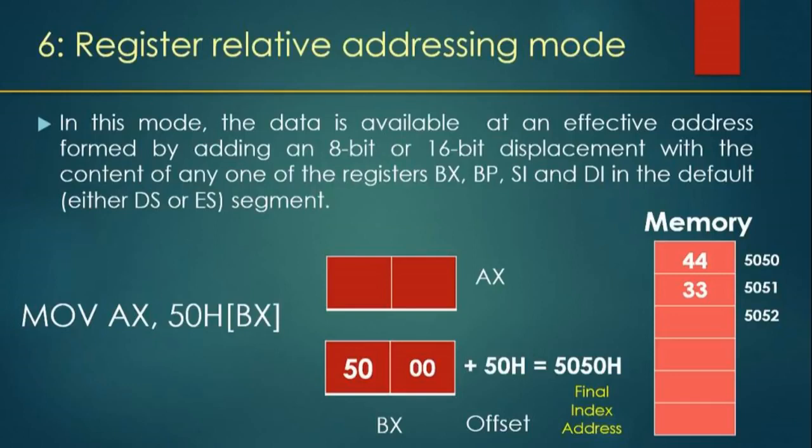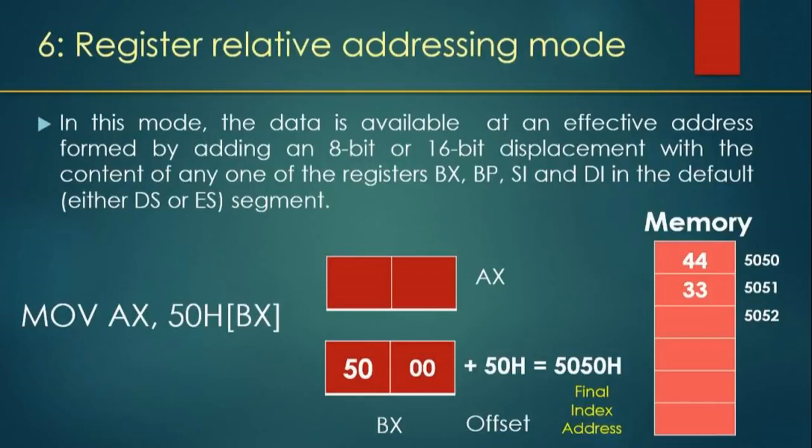So 50 hex is pointing at a memory location inside the segment register. DS and ES are the segment registers, and inside the memory there is a location, and the location can be found out with the help of the offset, which is also given inside the instruction.